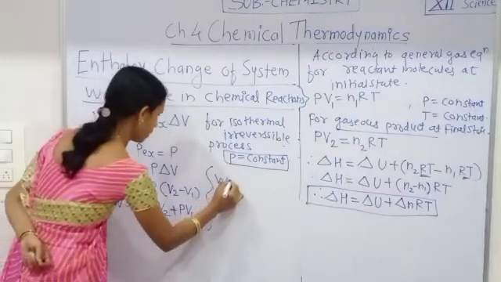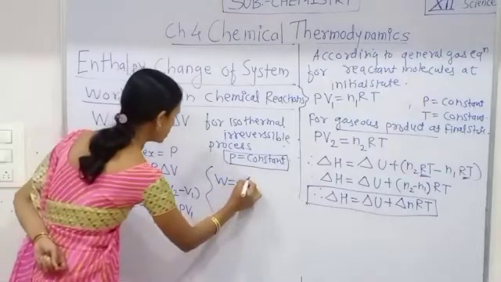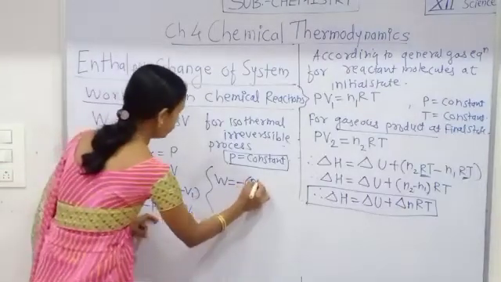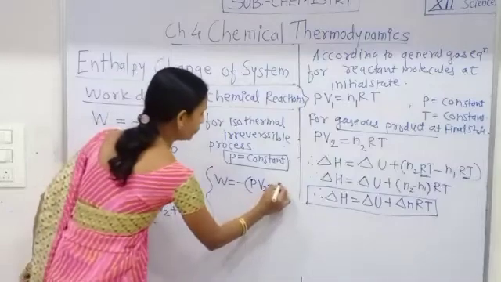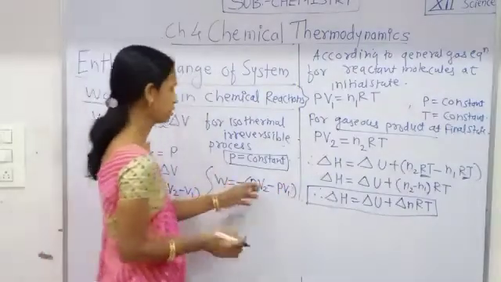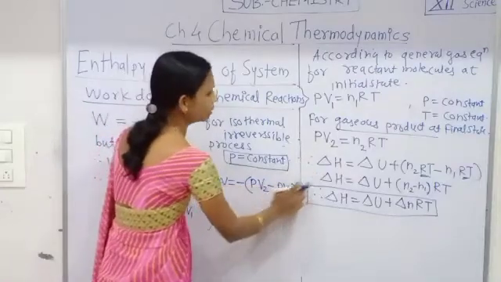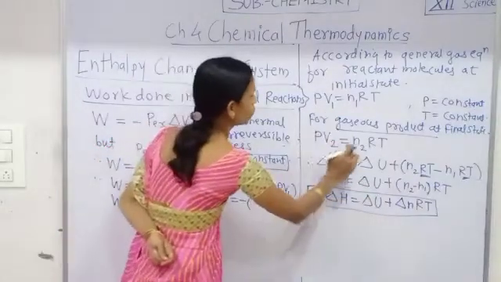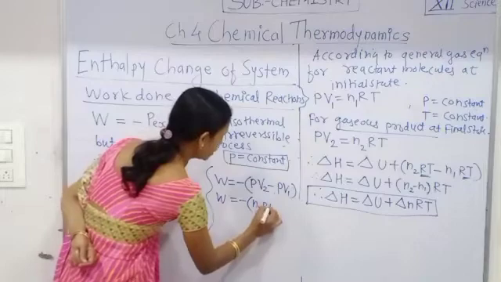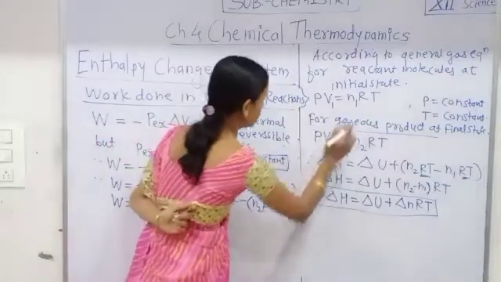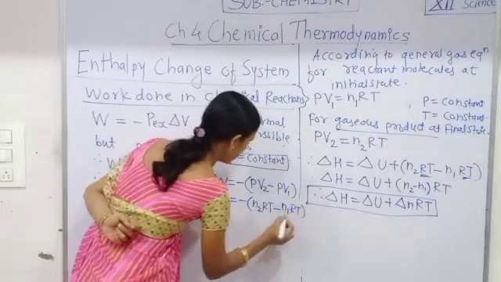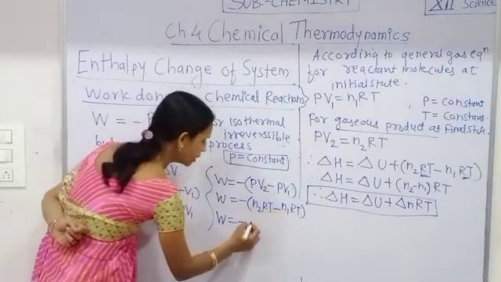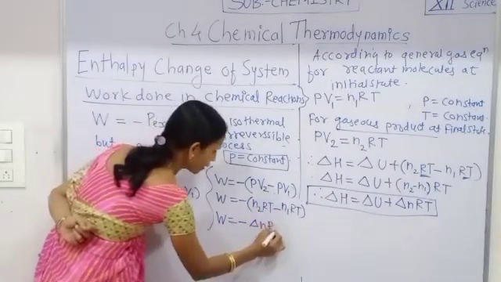Therefore W is equal to minus, taking minus as common, PV2 minus PV1, and putting the value of PV2 minus PV1 here, that is N2 RT minus PV1, that is N1 RT, and therefore W is equal to minus N2 RT minus N1 RT, that is delta N RT.